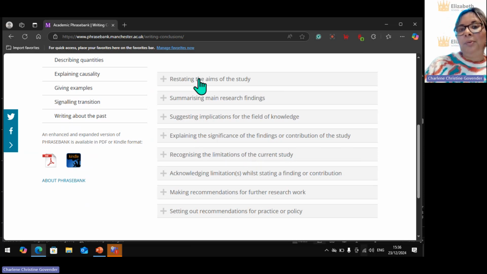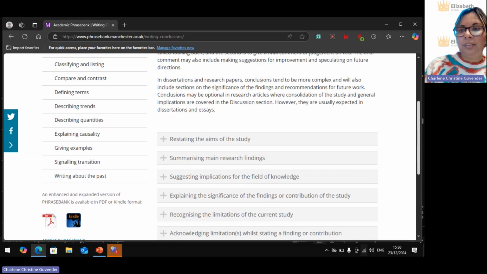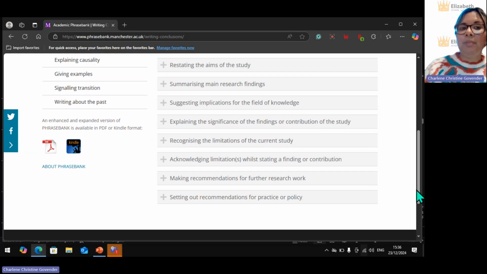So if you're doing your essays, stick to probably these first two. If you're doing a report, then you can incorporate a bit more. Your recommendations could possibly be a whole paragraph by itself, and your conclusion could be separate. But again, that is much dependent on your assignment guidelines.